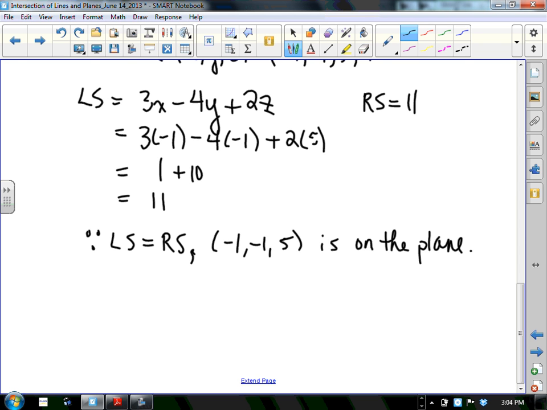So if the point which is on the line is on the plane and the line is parallel to the plane, the line must be coincident and therefore have many, an infinite number of points of intersection. So thus the line and the plane are coincident.